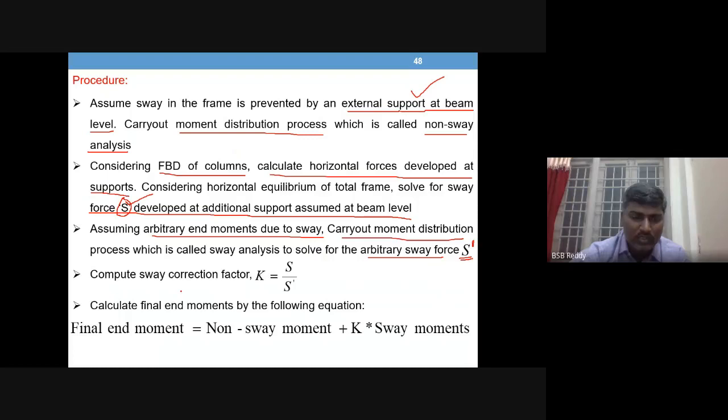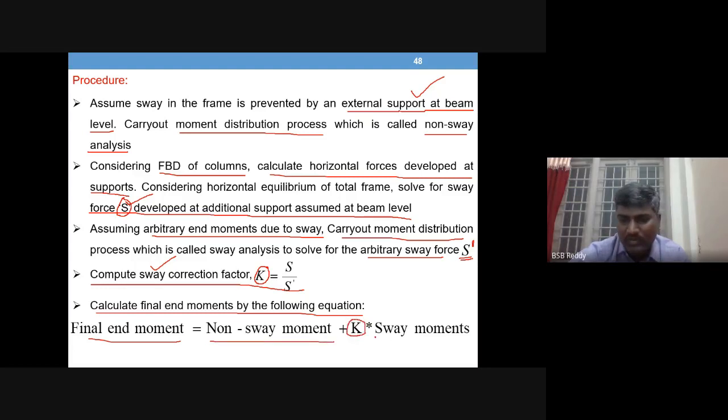So to get the correct sway moments, then you find out correction factor, sway correction factor. What is that value? S divided by S dash. Okay, now what? How to get final end moments. So non-sway moments plus correction factor multiplied by sway moments will give you final end moments.